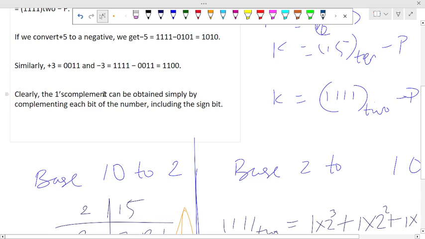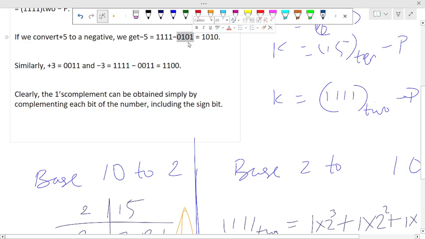So clearly, the 1's complement can be obtained by simply complementing each bit of the number, including the sign bit. Look at this carefully. To get the 1's complement of minus 5, look at the positive, this is the positive of 5, right?